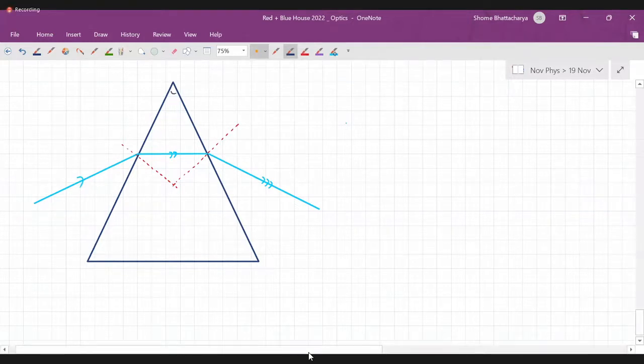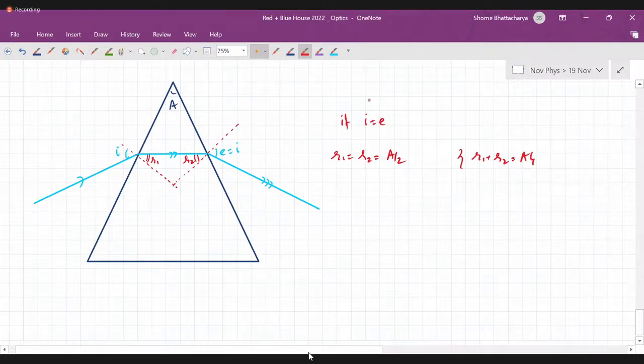So we have the condition that I is equal to E. Then we'll have the condition that R1 is equal to R2. So it becomes A by 2, because then this deviation angle becomes the minimum.